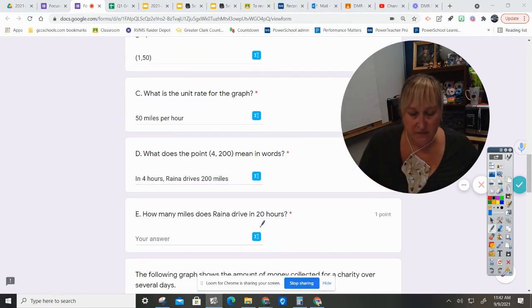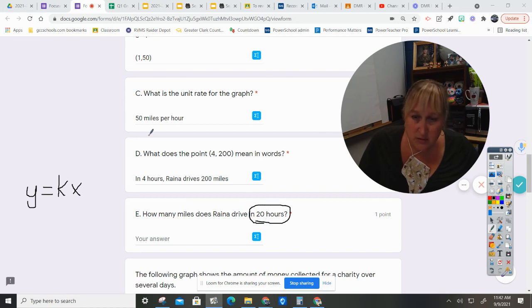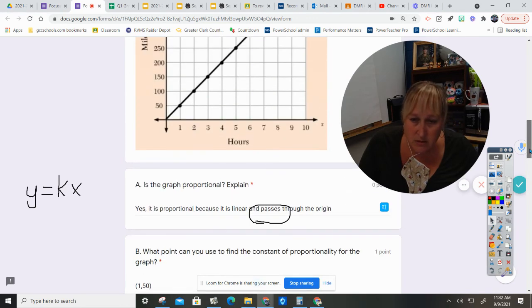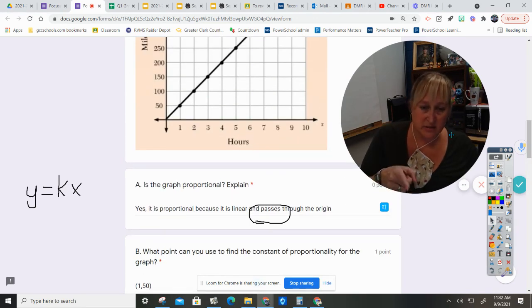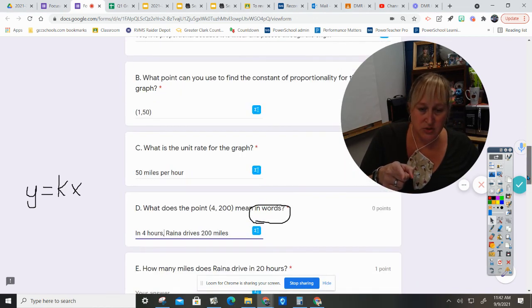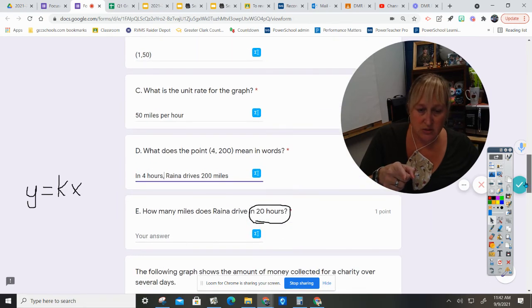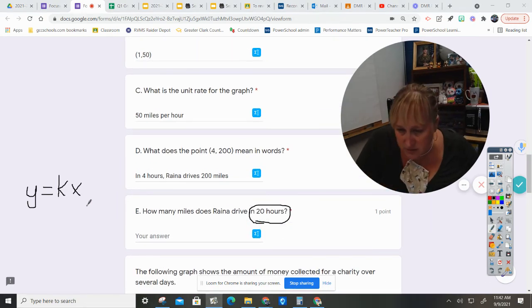How many miles does Raina drive in 20 hours? So since we have figured out that the unit rate is 50, that is also our K. So y equals our K constant, which is the unit rate, times x. Hours is our x, so I'm going to substitute 20 in for x.